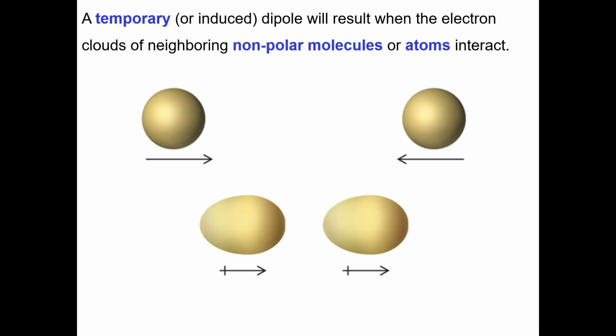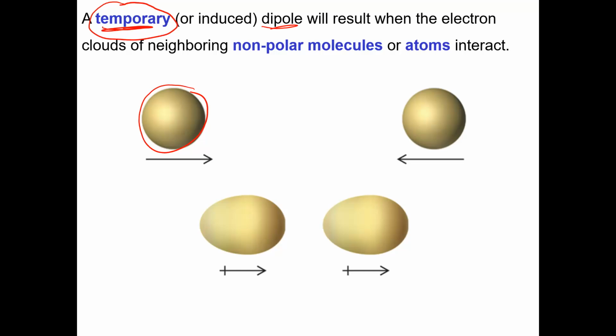Now, it gets even weirder. It turns out that nonpolar particles, things like diatomic molecules or perhaps atoms, can experience what's referred to as a temporary dipole. We have something that is nonpolar, and then temporarily all of the electrons move to one side of the particle, resulting in the particle having a dipole.